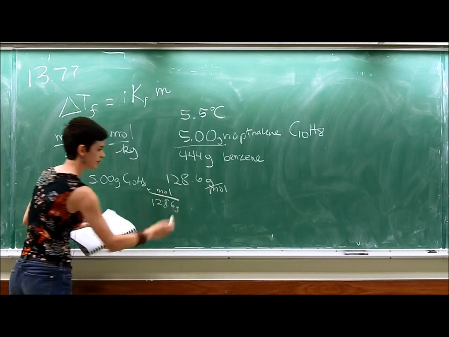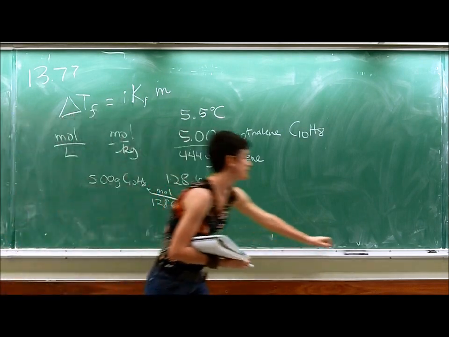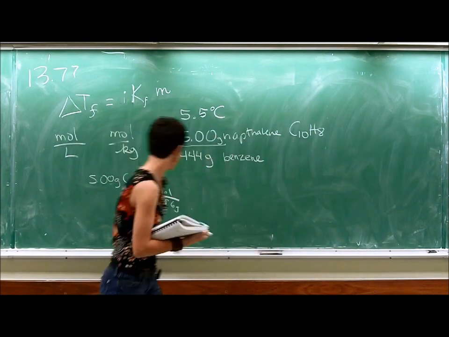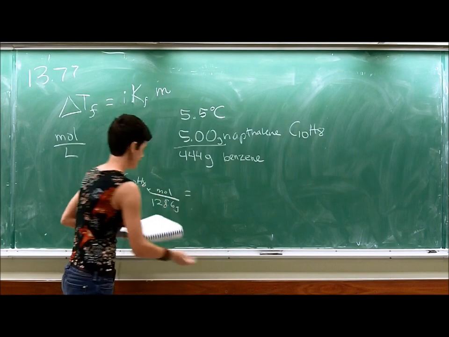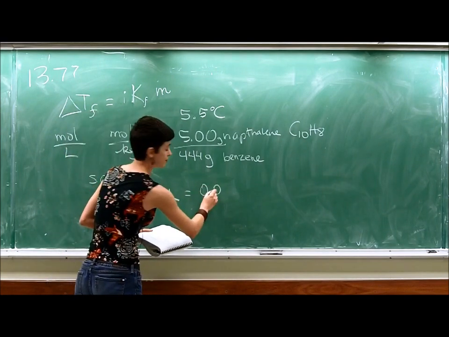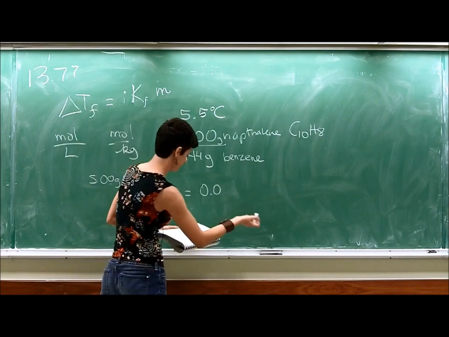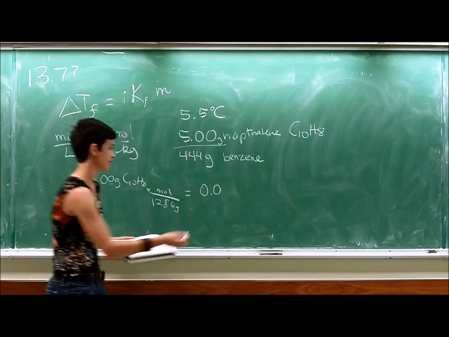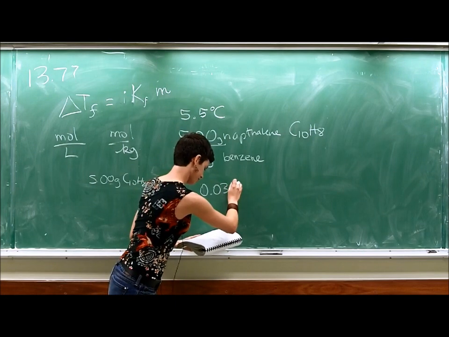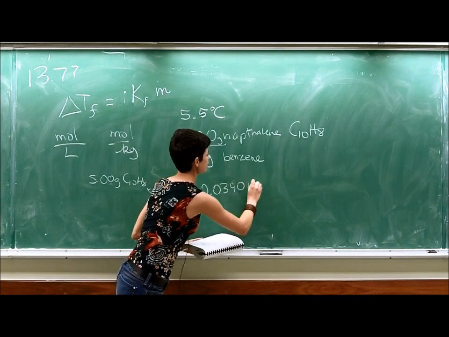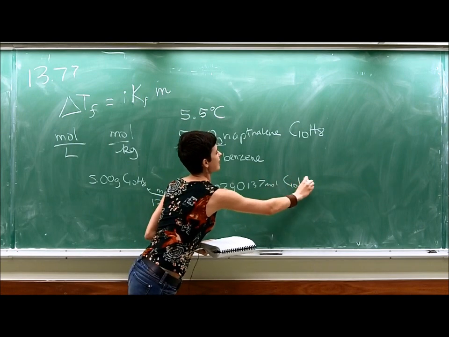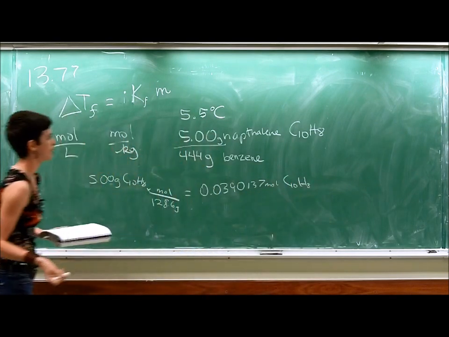If you like to be very specific, this is where you're multiplying it by the inverse molar mass, to get, and this is the unrounded number, so if you're concerned for significant figures, this is absolutely not what you need. We get 0.0390137 moles C10H8 that we are dealing with.